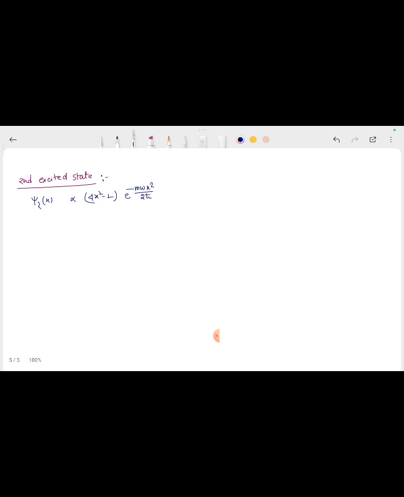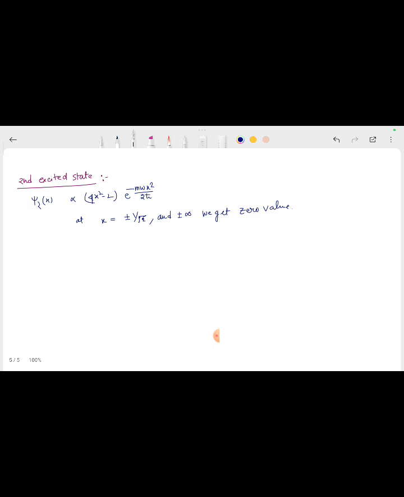So you know, at x equals plus minus half, not half, plus minus 1 by root 2, we get 0 value, and at plus minus infinity we get 0 value.